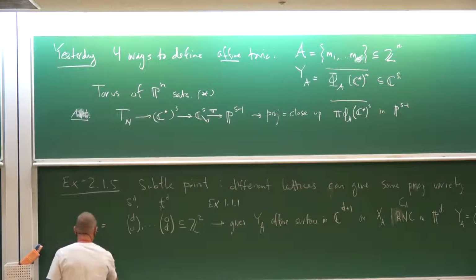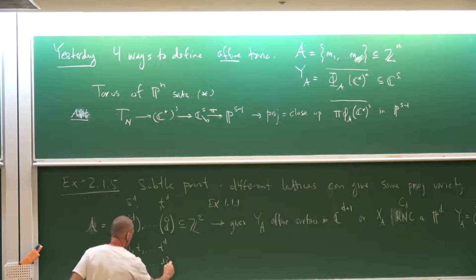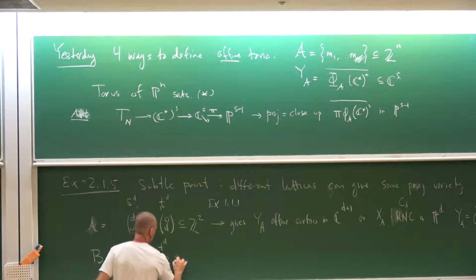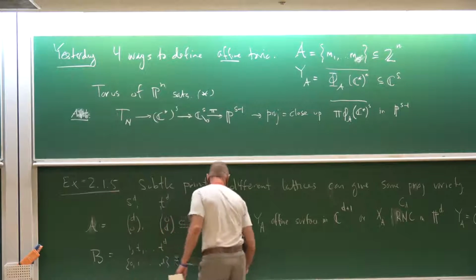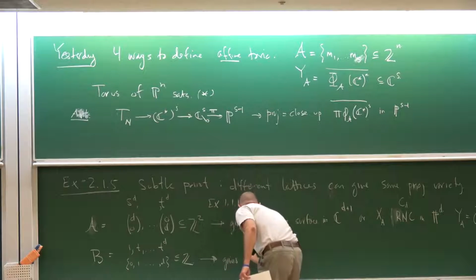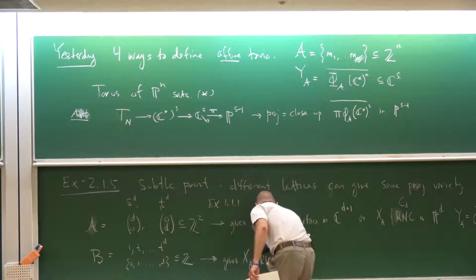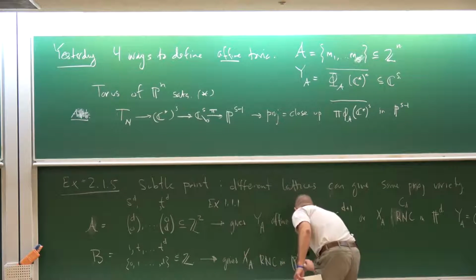So we could also take B equals 1 through t to the d, which would correspond, of course, to the lattice points 0, 1 through d in Z. And this also gives you, when you close it up projectively, the rational normal curve, X sub A, rational normal curve in P^d.